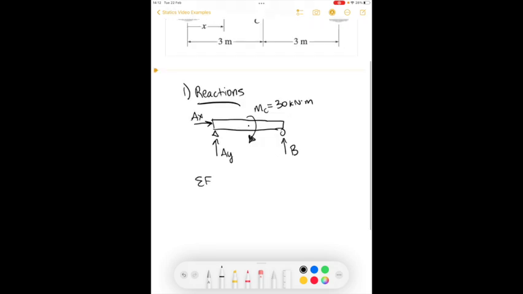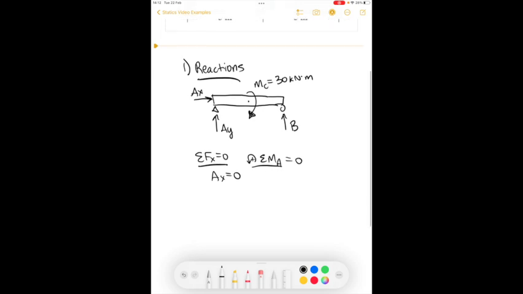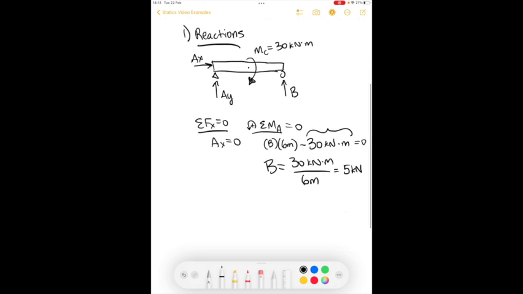So let's start with solving for the x. We find that AX equals 0. Sum of the moments about the point A shows us B. So here's our external moment that's applied. We can solve for B. Find that B is 5 kilonewtons.